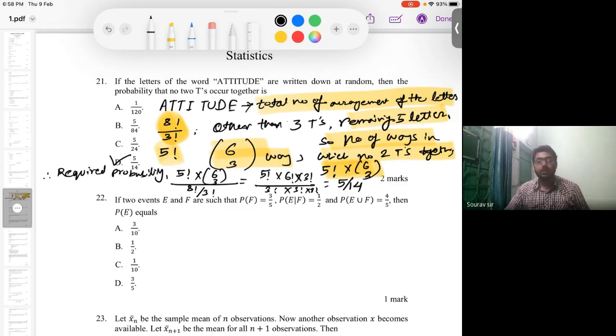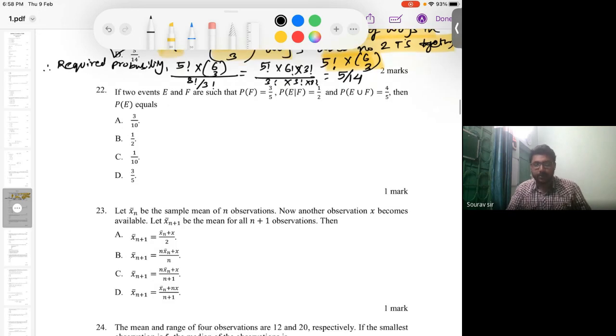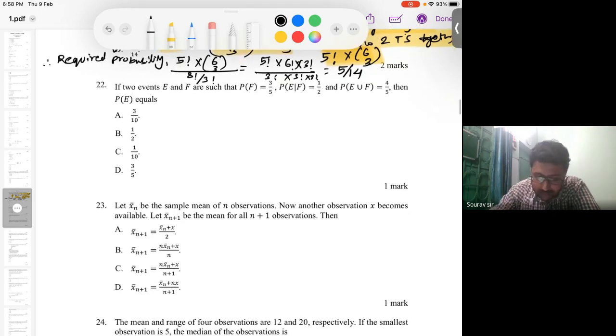Okay, let's get to the second question. Here it is given that two events E and F are such that P(F) is equal to 3 by 5, P(E given F) is half, and P(E union F) is 4 by 5. Then P(E) equals what?